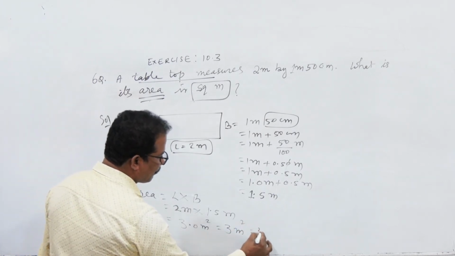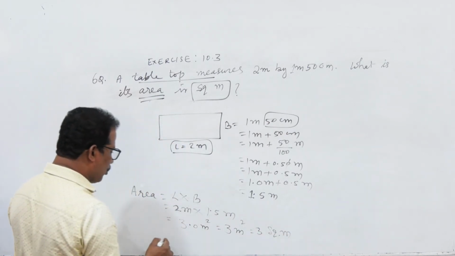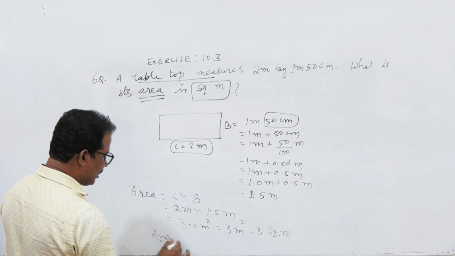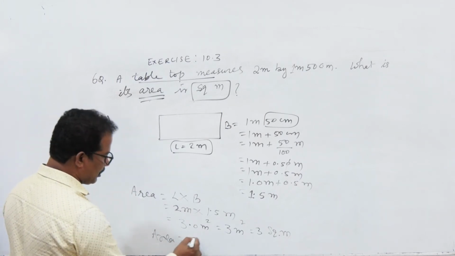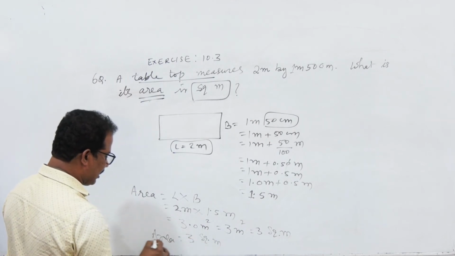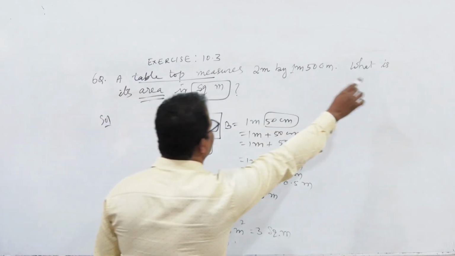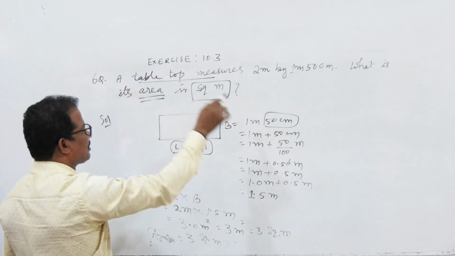Meter square, we can write as square meters. Okay, so in total how much area did we get for this rectangular tabletop? That is equal to 3 square meters. Understand? Good. Because the question here is: what is its area in square meters completely?